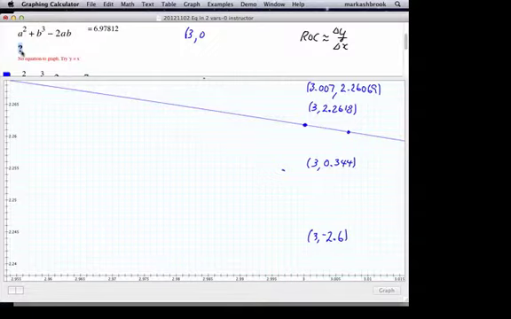Kaiser, what should I type in here to estimate the rate of change at 3? Can you tell me? No. Let's see. Tunzi, what should I type in here to estimate the rate of change at x equals 3 right here? What should I type in?